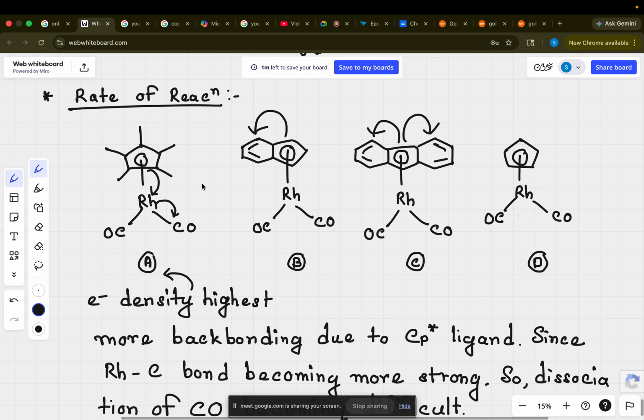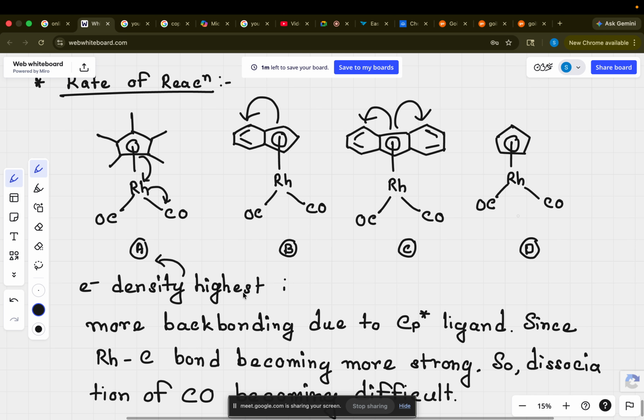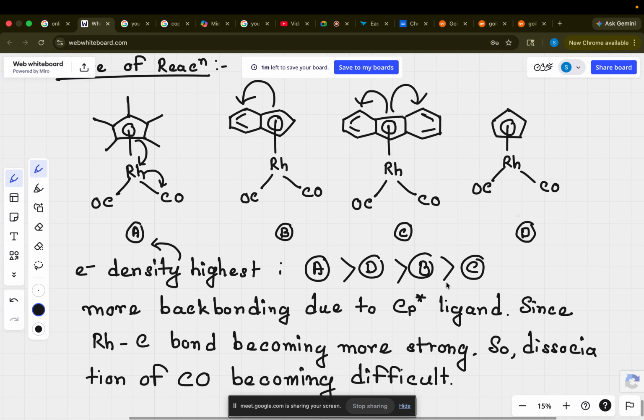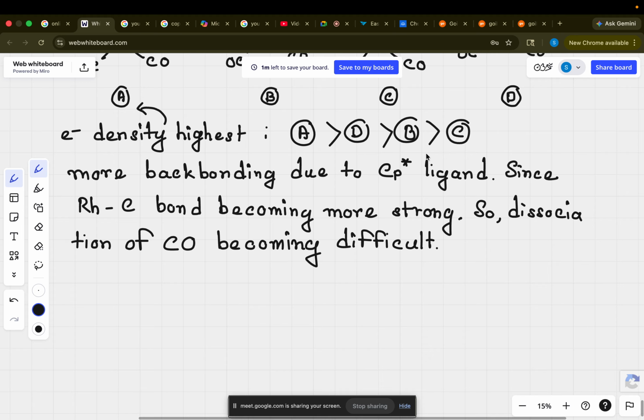Okay, so if your electron density is high, the metal will back donate the electrons, so the back bonding possibility is also increasing. Here in the compounds, if I show you the electron density order, A will have the highest electron density, next will be D, next will be B, and the last and the least will be C. So if electron density follows this order, the back bonding also follows this order.